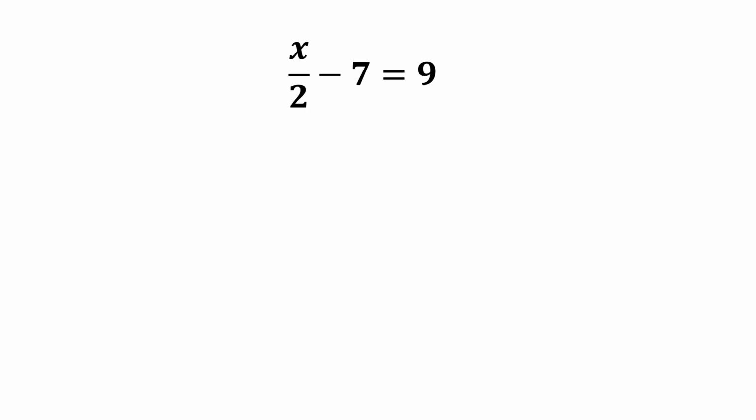The opposite of subtracting 7 is adding 7. And what you do to one side of the equation, you must do to the other side. When we solve this problem, we're going to bring down x divided by 2. Positive 7 and negative 7, or subtracting 7 and adding 7, are opposites and cancel out. And 9 plus 7 equals 16.